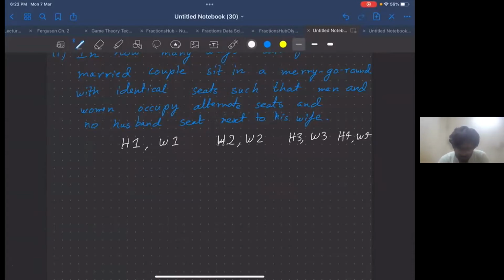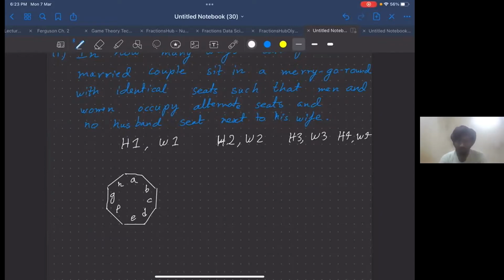And we are going to name the seats in the merry-go-round, say A, B, C, D up to H. There will be 8 seats: A, B, C, D, E, F, G, and H.